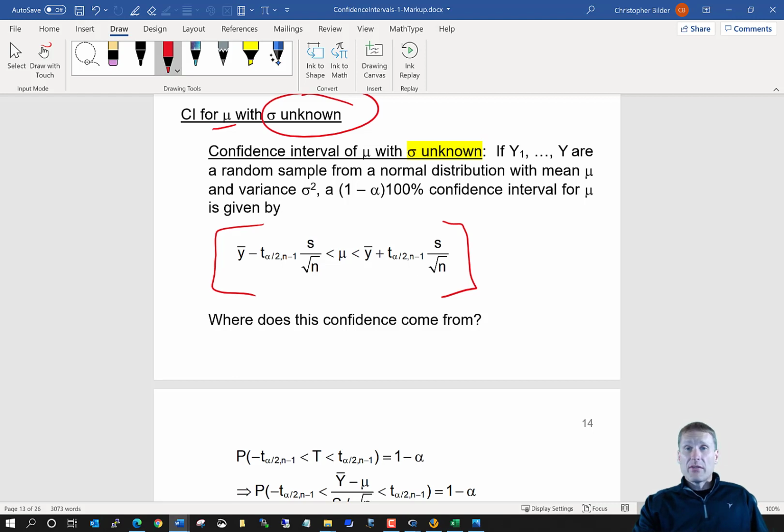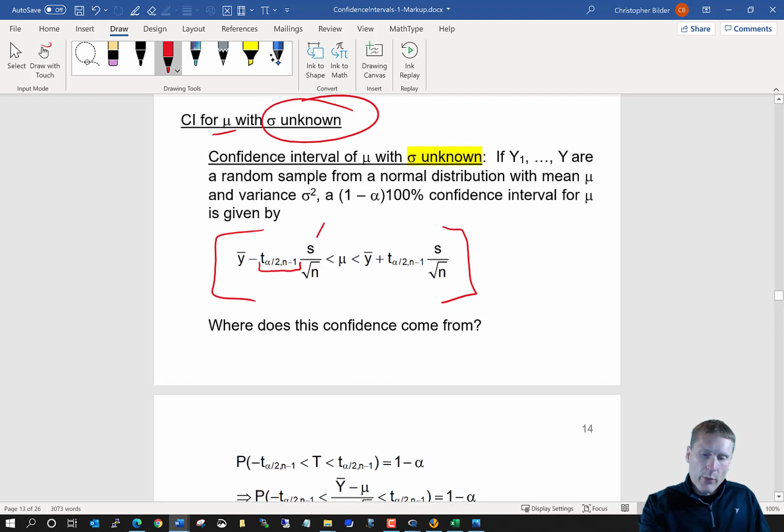It looks very similar to what we had as a result from the central limit theorem, except we replace the value from the standard normal with the t-distribution value, and we replace sigma with the observed sample standard deviation, what we actually calculate from the sample.